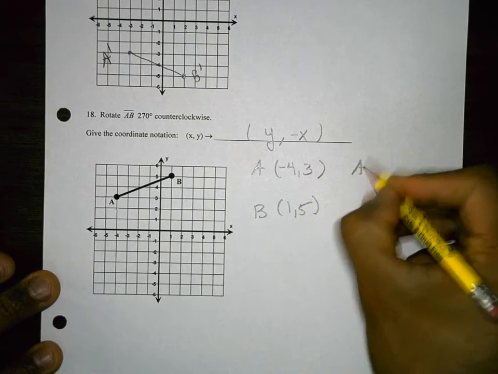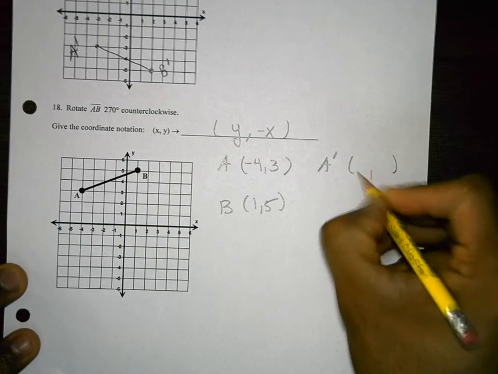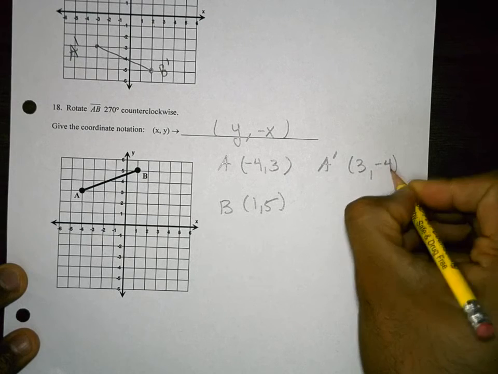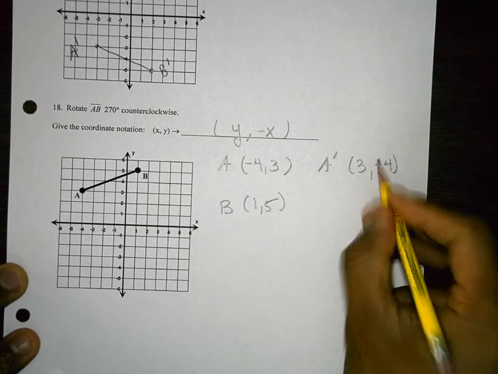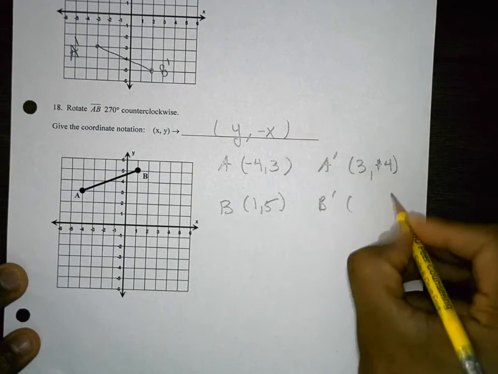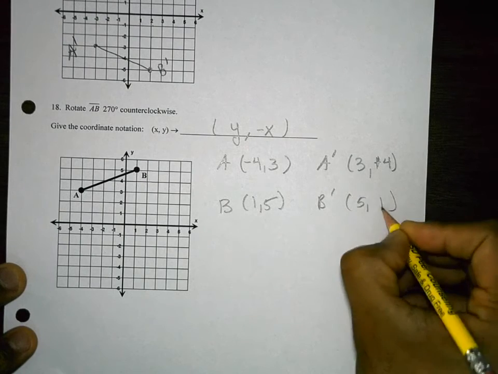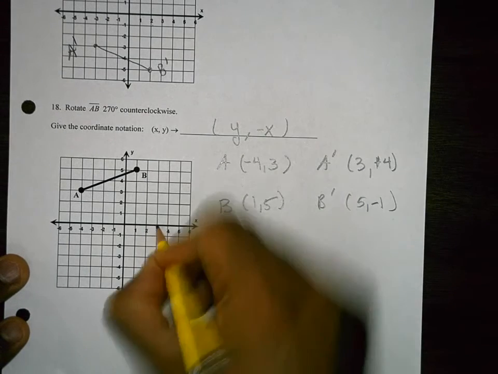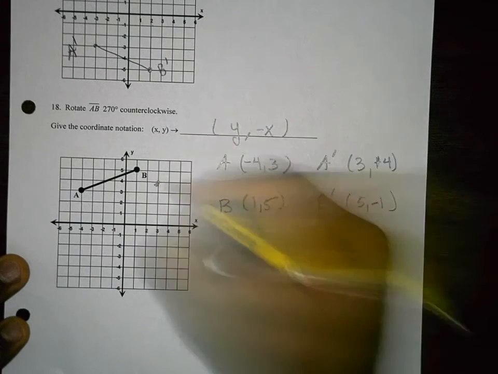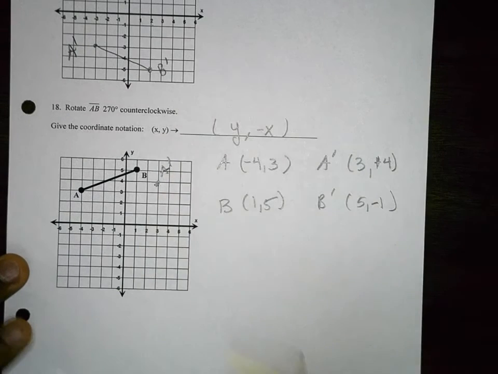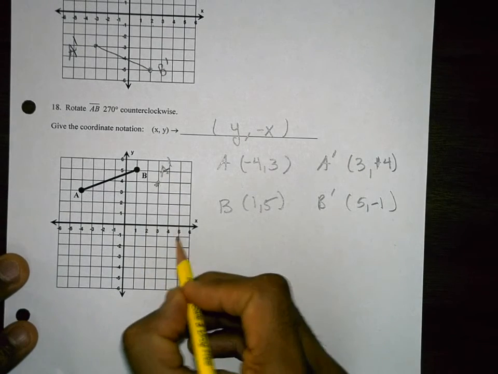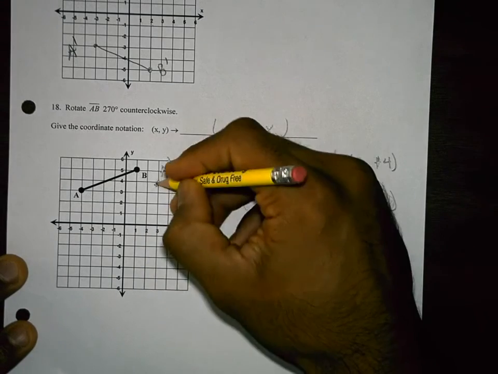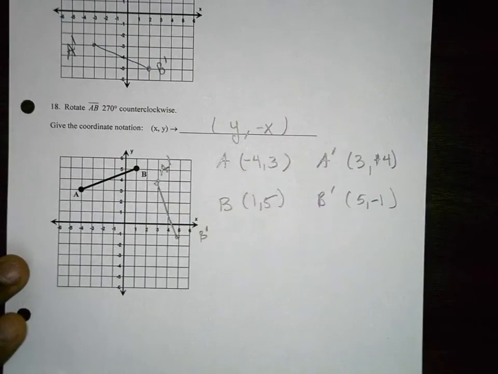So A prime is going to be, switch them around, change the sign of the old x value. 5, 1, make that negative, so we're looking at (-3, 4). Okay, that would be A prime. B prime is (5, -1), and there's B prime right there. There you go.